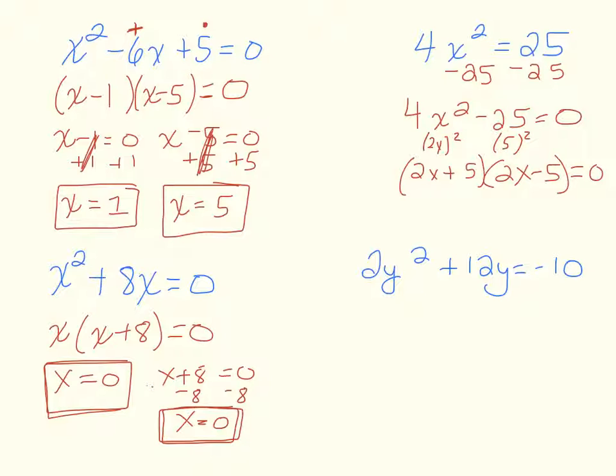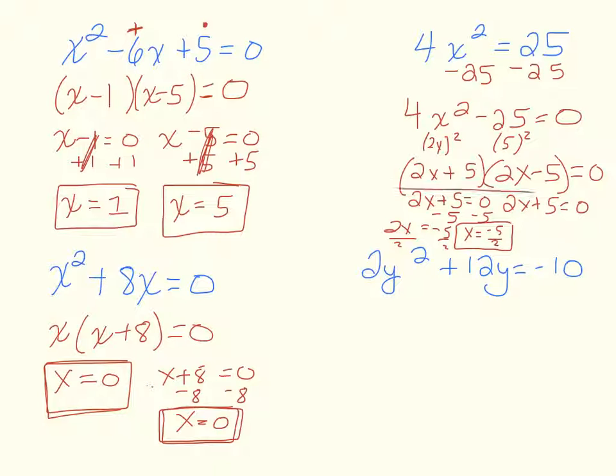So now what I'm going to do is set each factor equal to 0 and solve. It's going to get a little tight in here. So if I subtract 5 from both sides here, I'm going to have 2x equals negative 5. And if I divide by 2, I'm going to have, in this case, x equals negative 5 over 2. I hope you can see that.